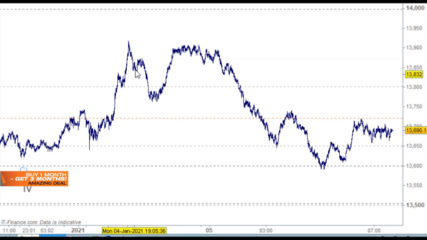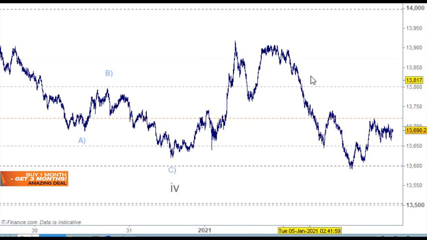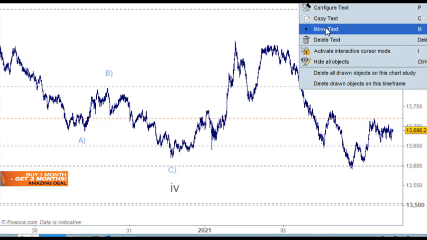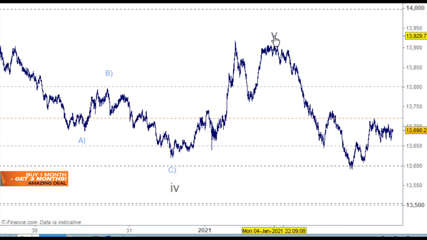But this move here appears to be in 3 waves rather than 5 waves down, and this also looks impulsive as well. So I'm going to look at this as 1 and 2 and 3, ABC for 4 and up for 5 here. So I'm going to put that in as wave 5 there, but everything is okay. There's just that issue of wave 3 being higher here for that.